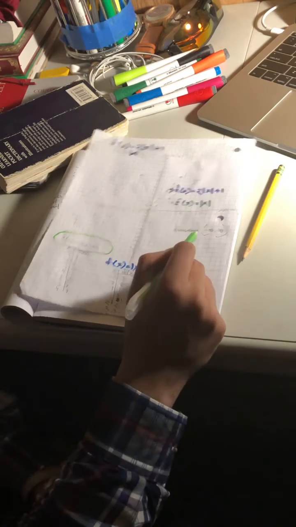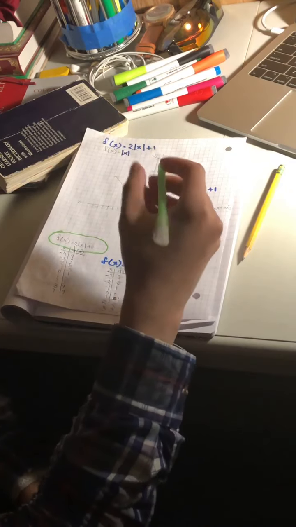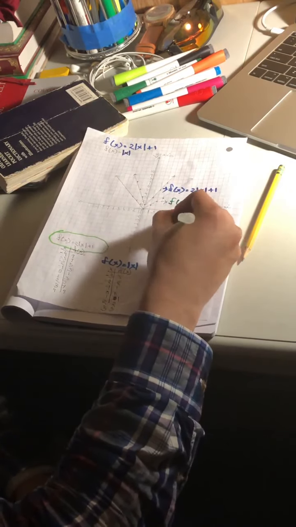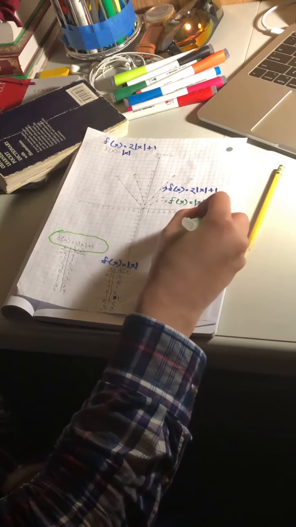Domain will be negative infinity, comma, positive infinity. This is the domain for f of x, 2x plus 1.